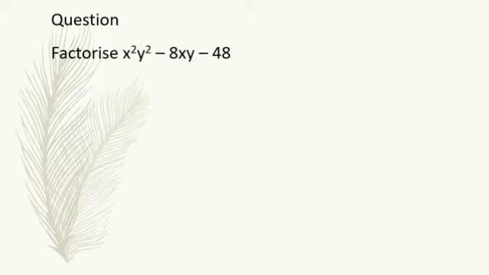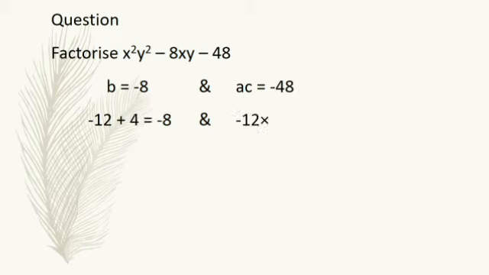Another question. Factorize x square y square minus 8xy minus 48. b is equal to minus 8 and ac is equal to minus 48. Now minus 12 plus 4 is equal to minus 8 and minus 12 into 4 is equal to minus 48.